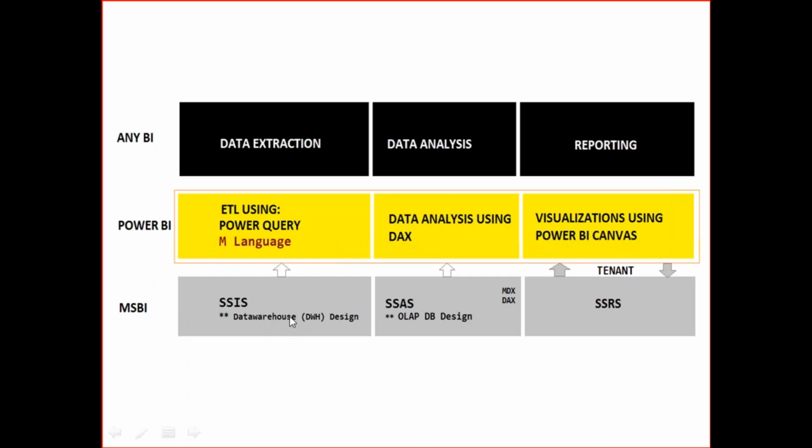The enterprise BI, SAP BI, OBI, and MSBI, do deal with data analysis through SSAS. In MSBI, we call it SSAS, SQL Server Analysis Services, wherein we perform all the OLAP database design.